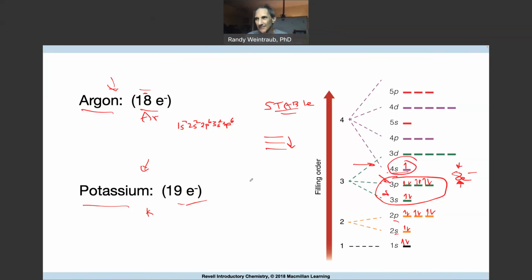So what potassium does, it's a metal. All metals, to achieve their octet, lose electrons. And so in the case of potassium, it loses this one electron. It gives it away. In fact, it gives it away to a non-metal.